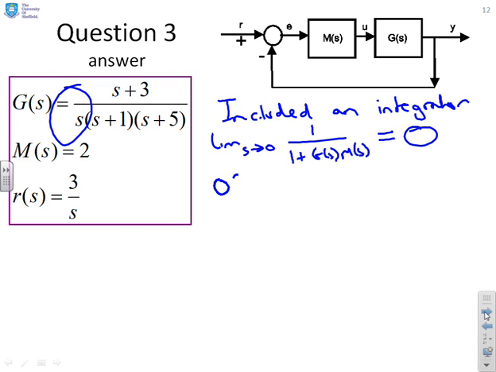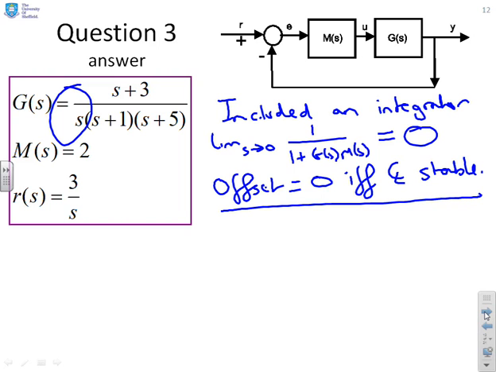So in other words, the offset equals 0 if closed loop stable. So that's the sort of observation that a student should be making before they start this. There's an integrator there, and so I'm expecting an offset of 0, but obviously I first need to check that the system is closed loop stable.